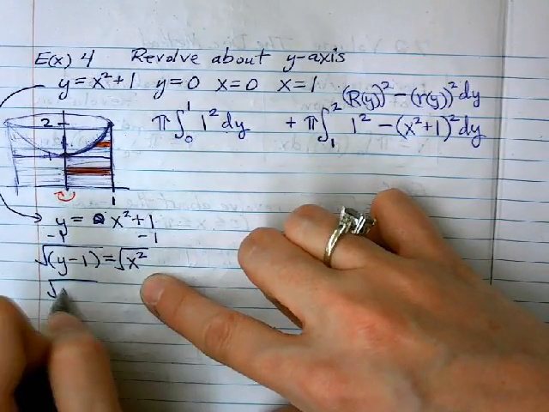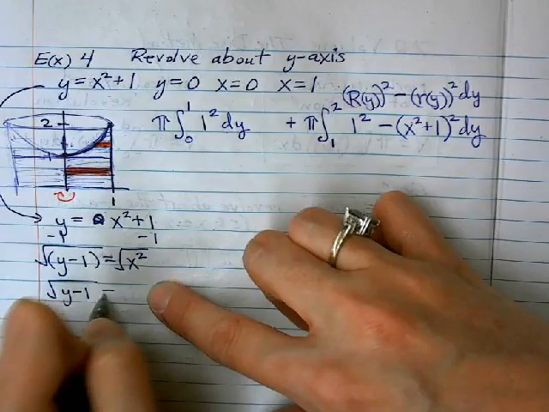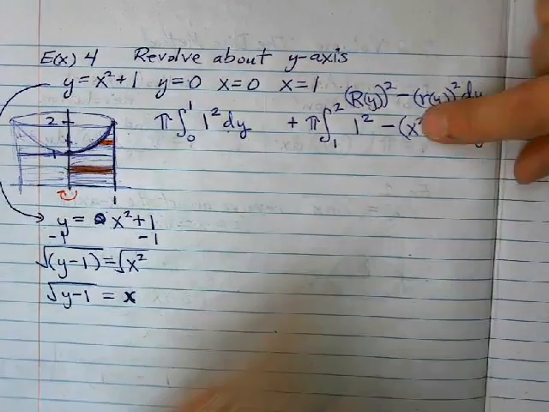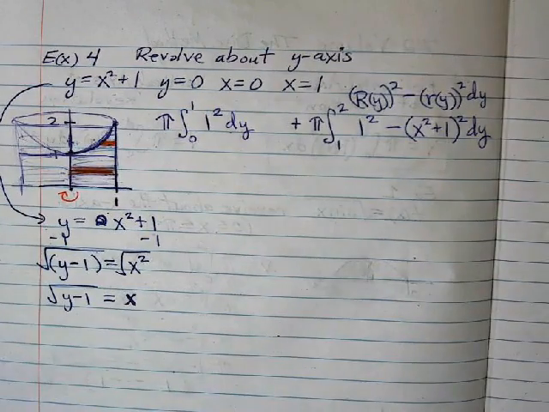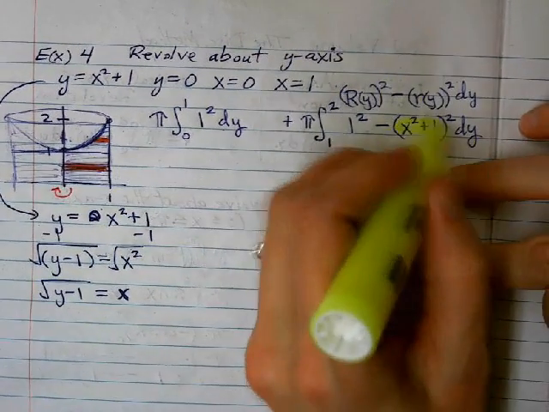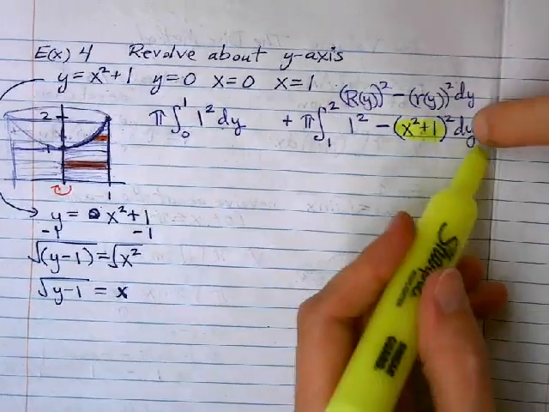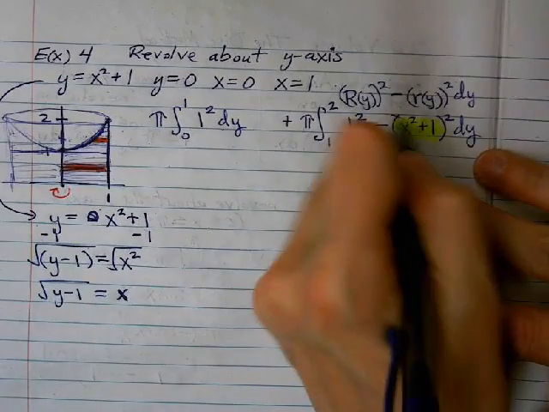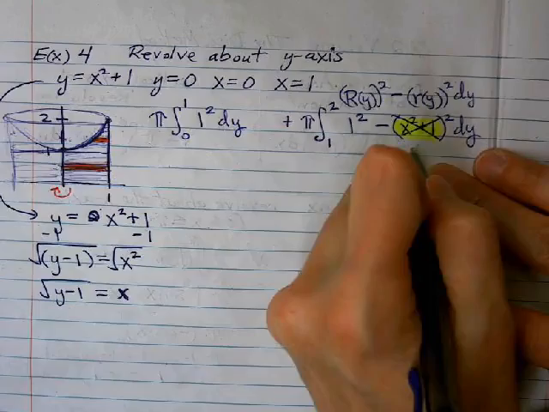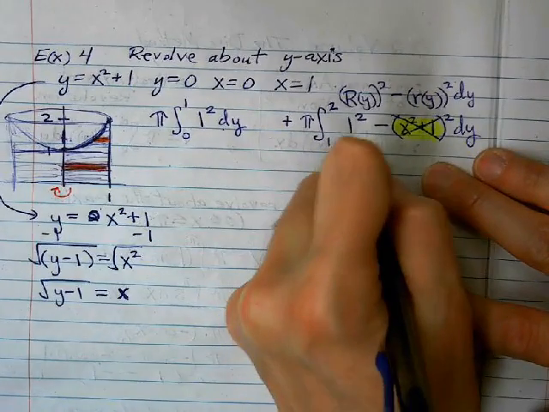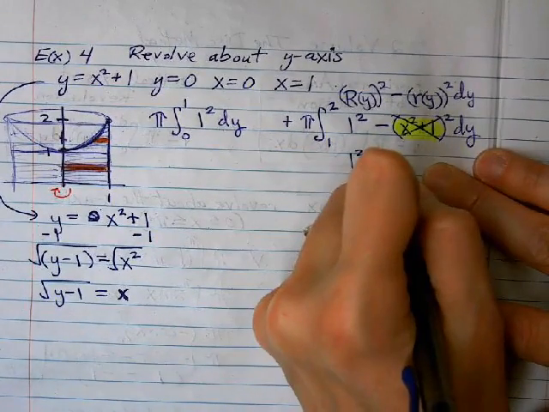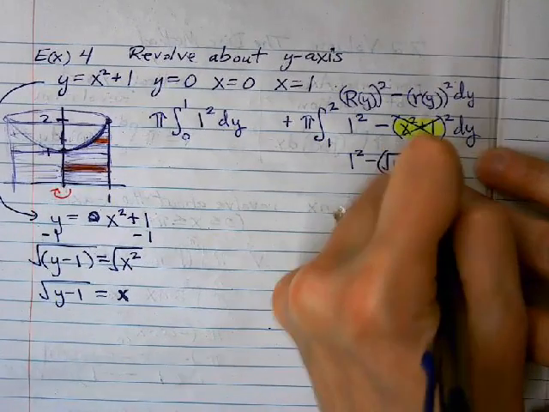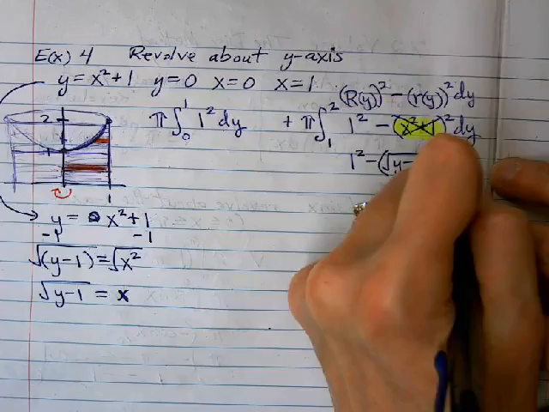Instead of having this, which is wrong because my formula has to have y's in it, I take this out and rewrite it as the square root of y minus 1, quantity squared. It's actually really good I made that mistake so you guys can see that. You'll notice that the variables have to match.